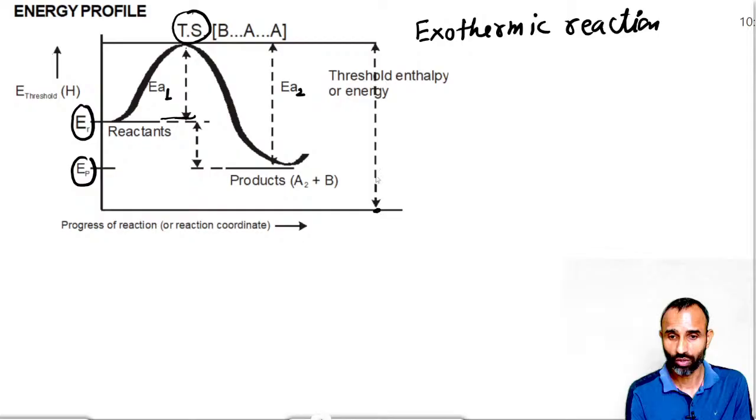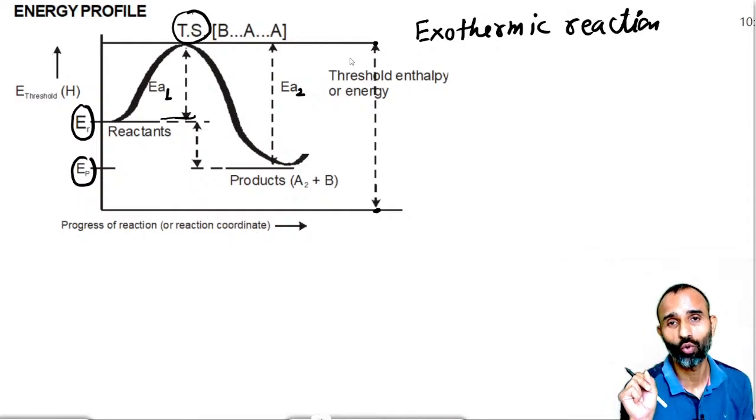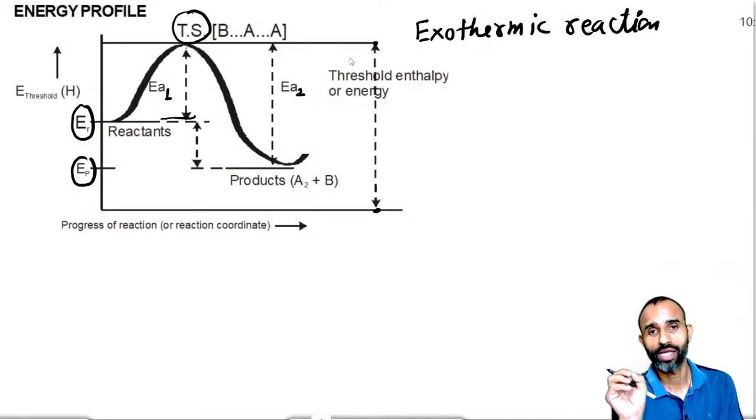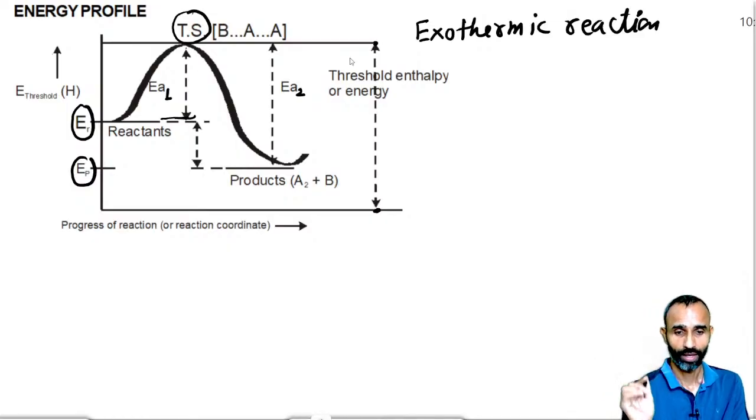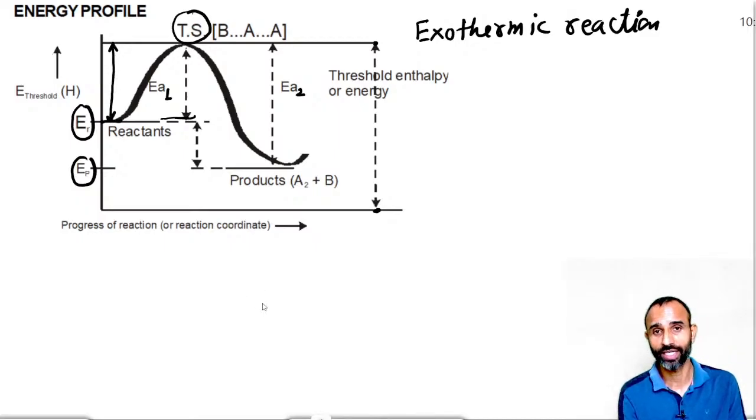From 0 to the transition state, the total energy is called threshold energy. It is the minimum amount of total energy required to carry out a reaction. And from here, this is the minimum kinetic energy of the reactant required to carry out the reaction.